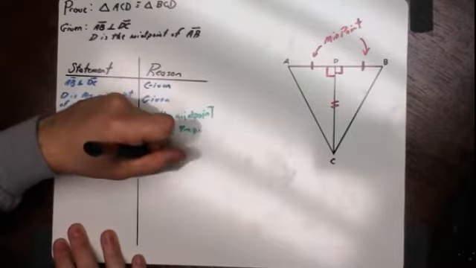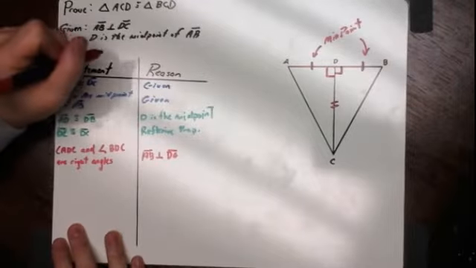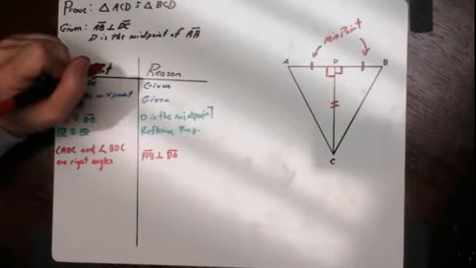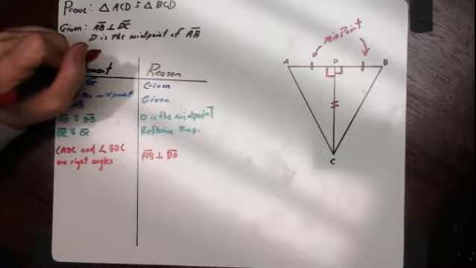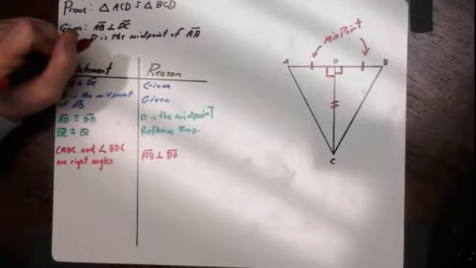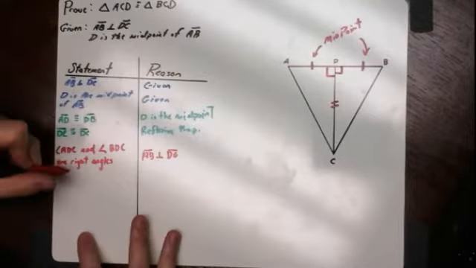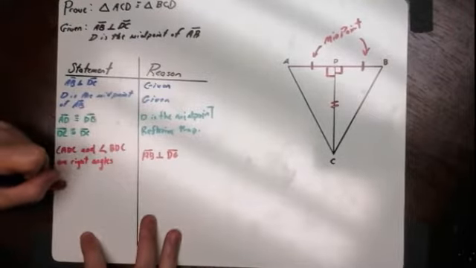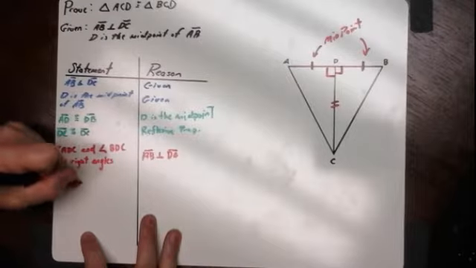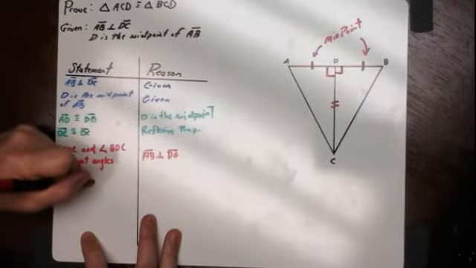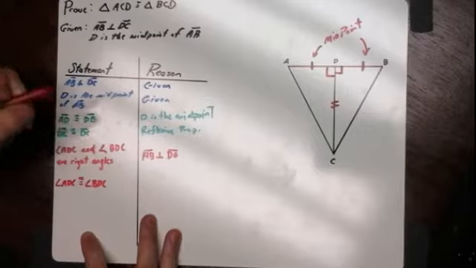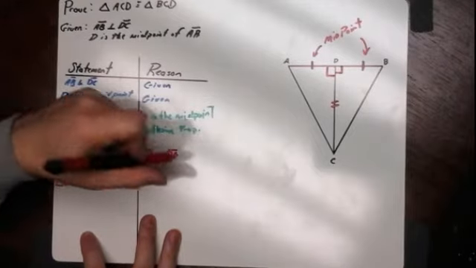Okay, that's because of the perpendicular lines. But now I'm going to use them as a congruent pair of angles, unlike before where I used them to state the triangles are right triangles. So I'm going to make the statement that angle ADC is congruent to angle BDC. And that's because of this.